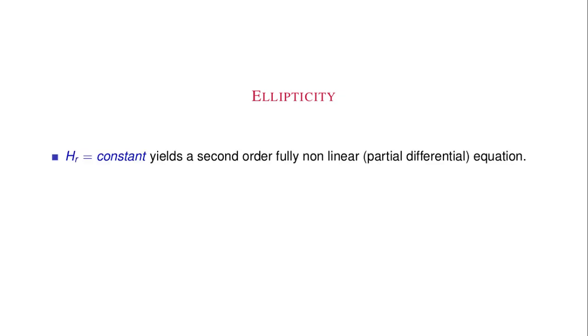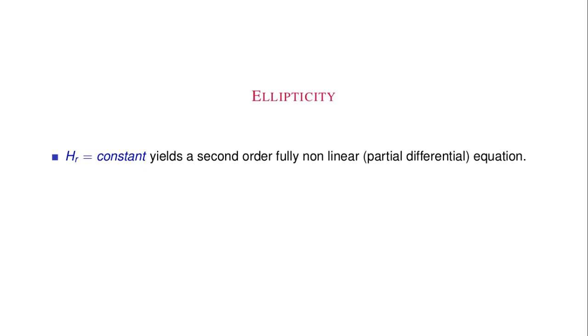Okay, so now I hope you are convinced, if you were not before, that H_r hypersurfaces are interesting. And I will describe some more properties that make them more interesting. One of the properties that we have to deal with is ellipticity.